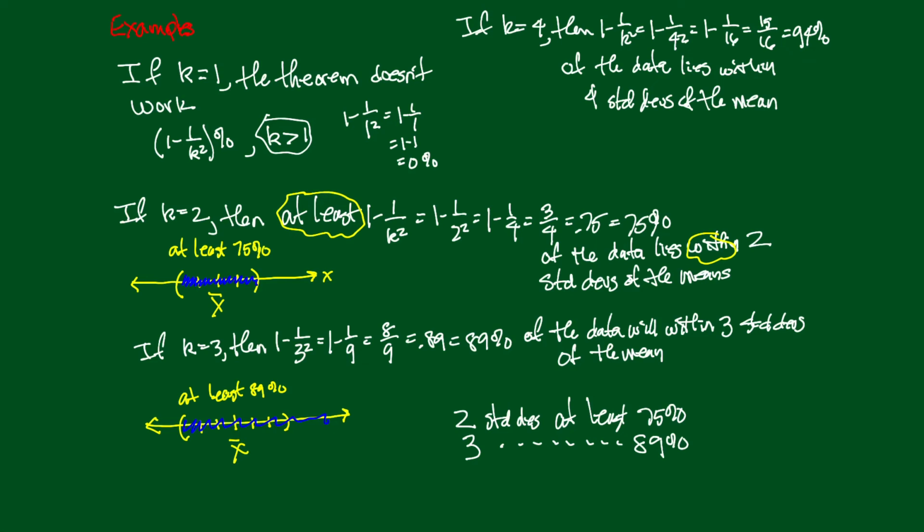You've got almost all of it. At 4 standard deviations, you're way up there at least 94%. Okay, and remember, it's at least. So by the time you're out to 2 standard deviations, you've got 3/4 of the data. 3 standard deviations, you've got essentially 90% of all your values.